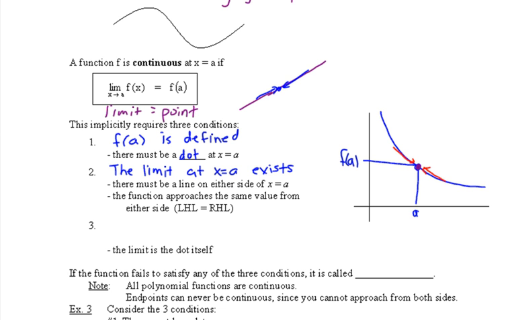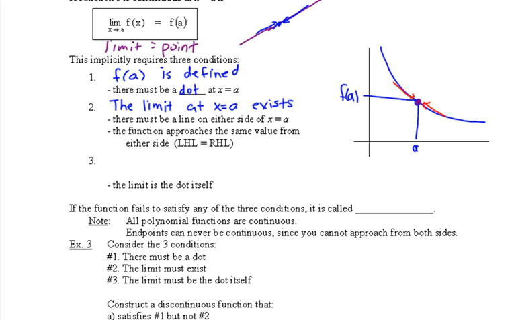And the last condition is that the limit has to equal the point. So the limit as x approaches a for our function actually equals f of a, the point. So the limit is the dot itself. So we're going to draw some pictures in a second.